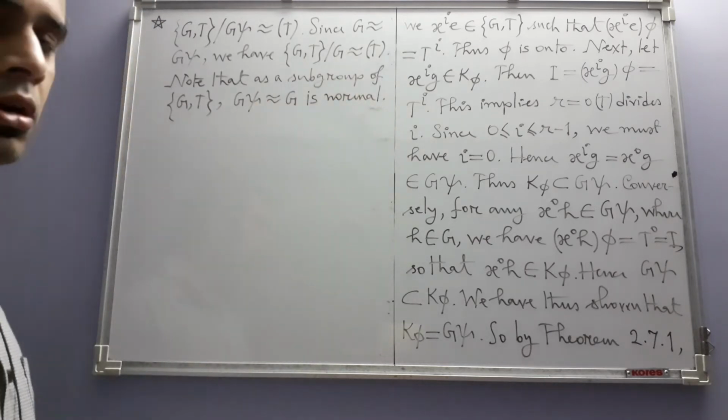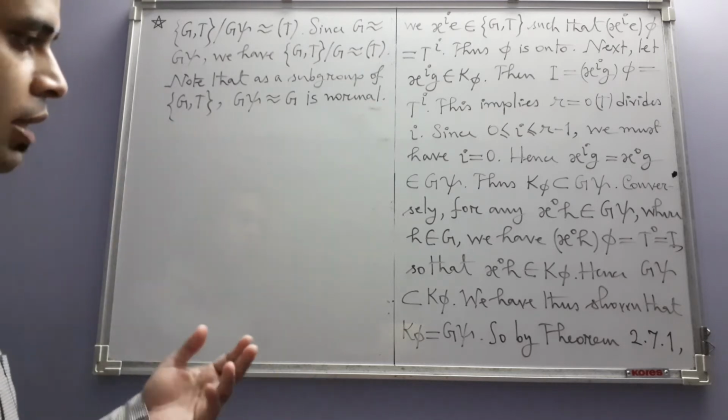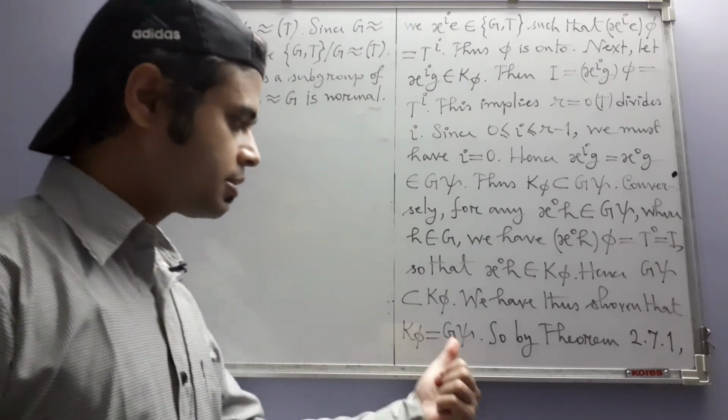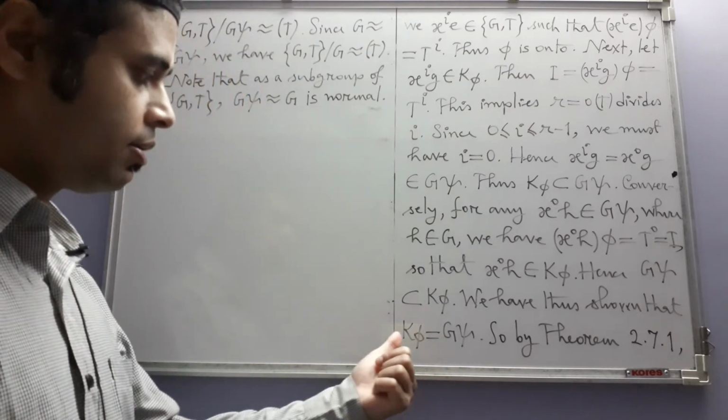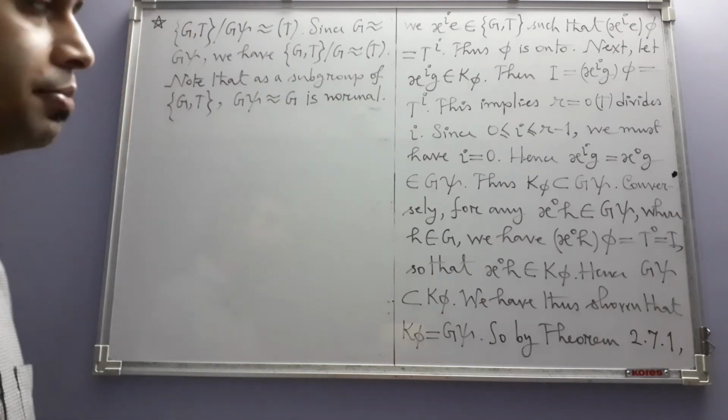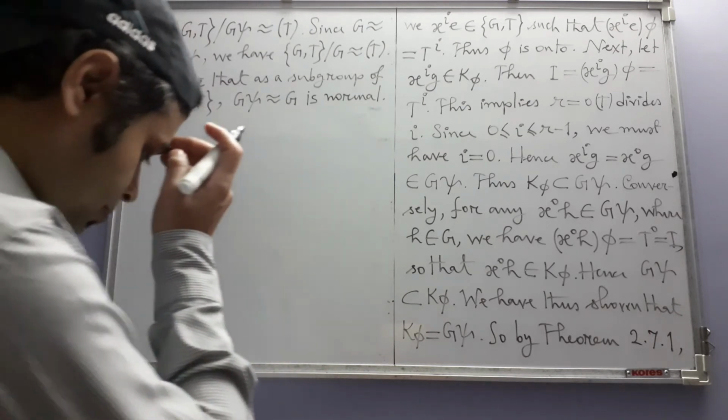So G is normal as a subgroup of this. And what is the reason for that normality? It's because G psi appears as the kernel of the homomorphism phi. Kernels are always normal. Okay, so we are almost done.